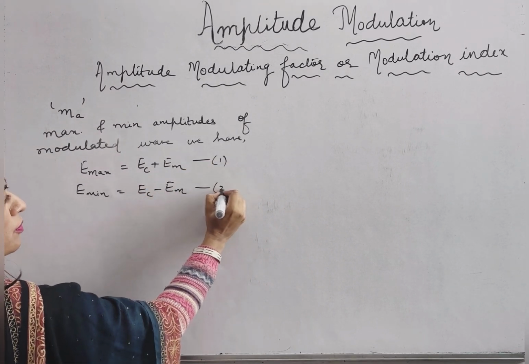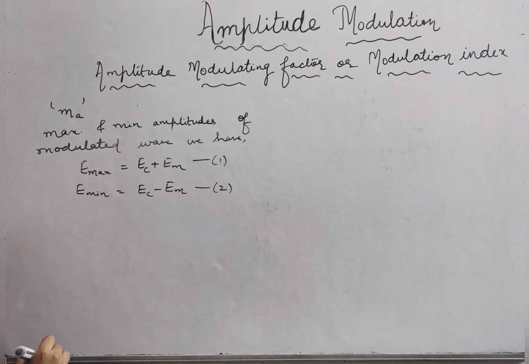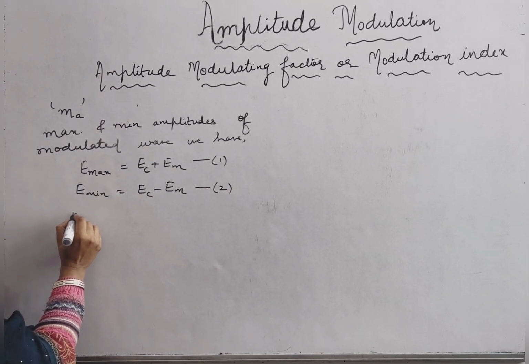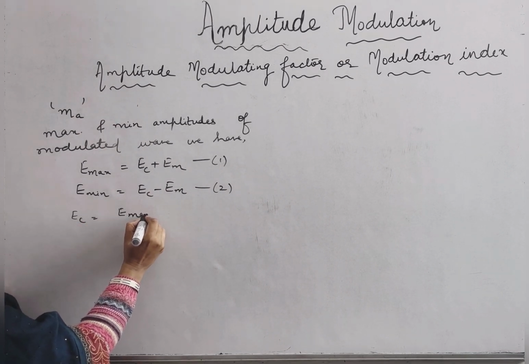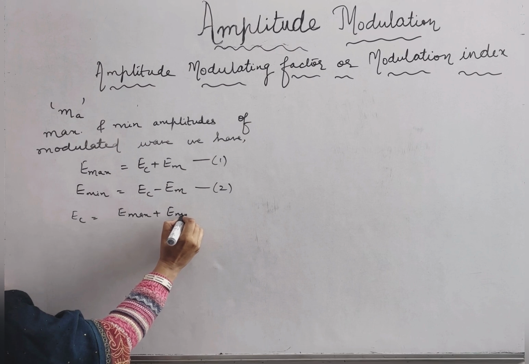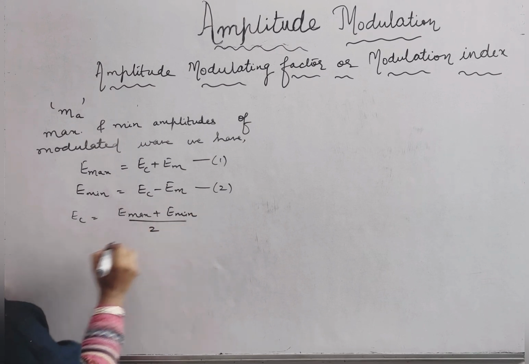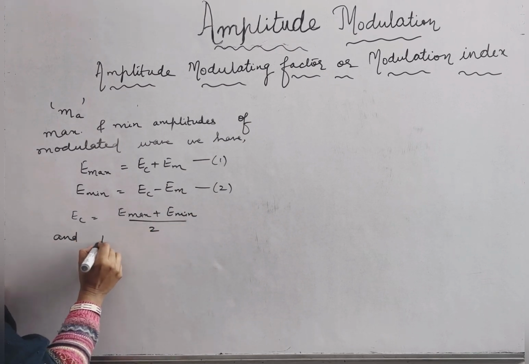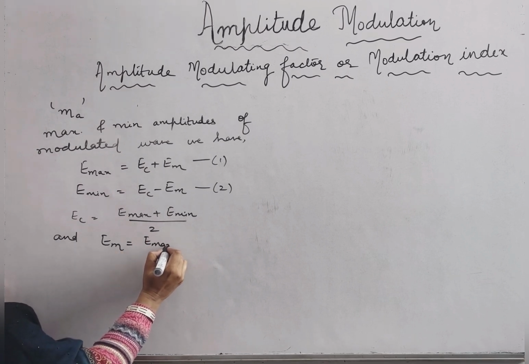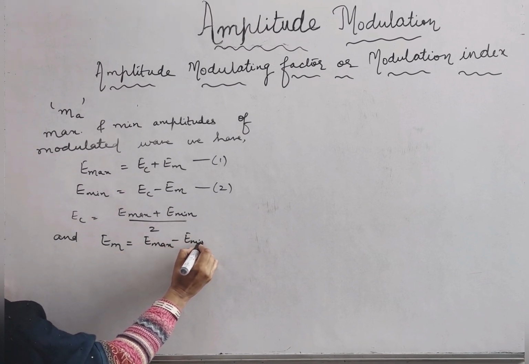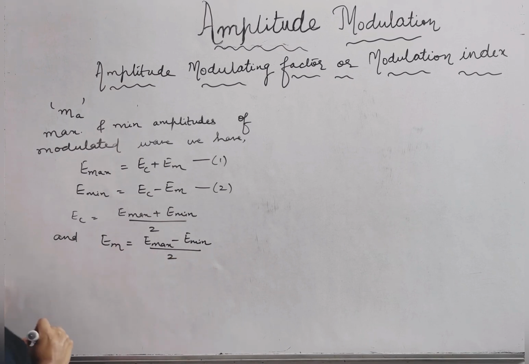Mark these as equations 1 and 2. On solving these two equations, we get EC equal to E maximum plus E minimum by 2, and EM equal to E maximum minus E minimum by 2.